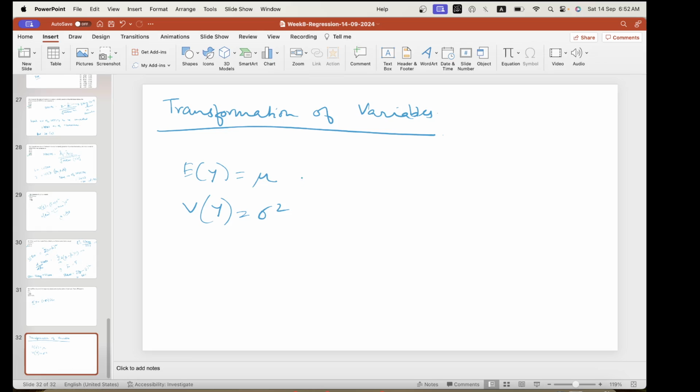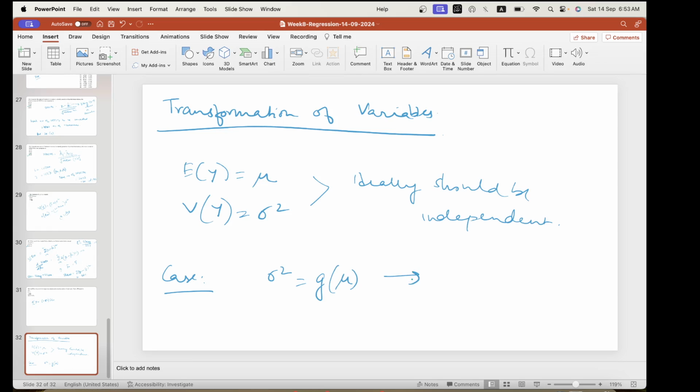They should be independent of each other. But let's say we have this case where sigma square is some function of the expectation. So this could lead to problems.